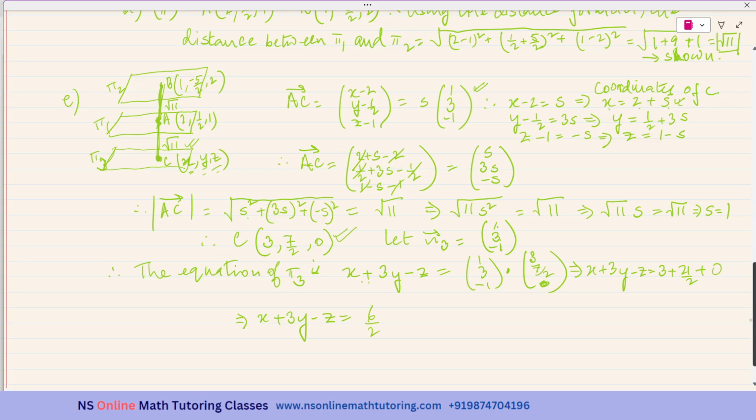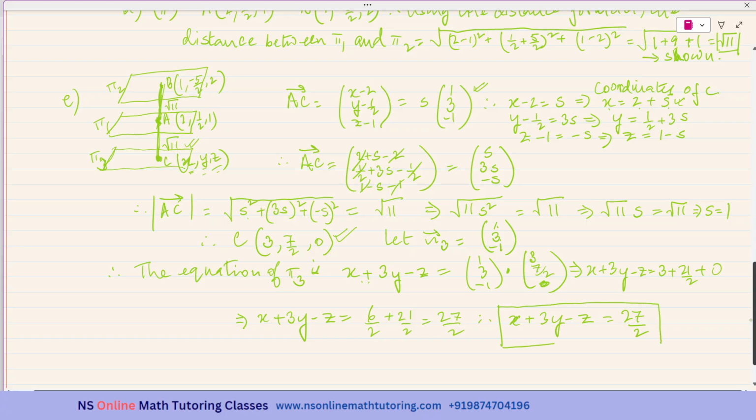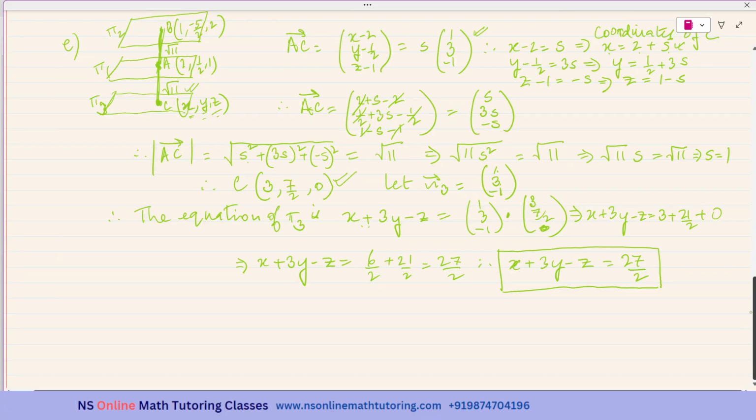I am writing it as 6 over 2 plus 21 over 2, which is equal to 27 over 2. So therefore, x plus 3y minus z equal to 27 over 2. This is the equation of the plane pi 3. So this is the equation of the plane pi 3, okay?